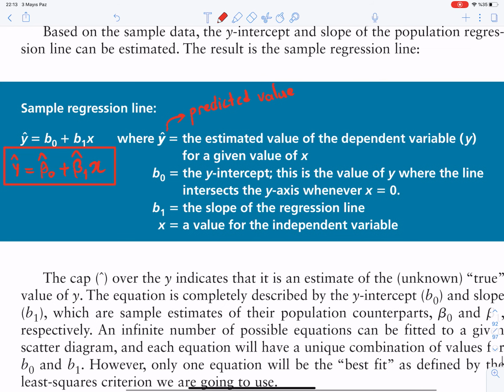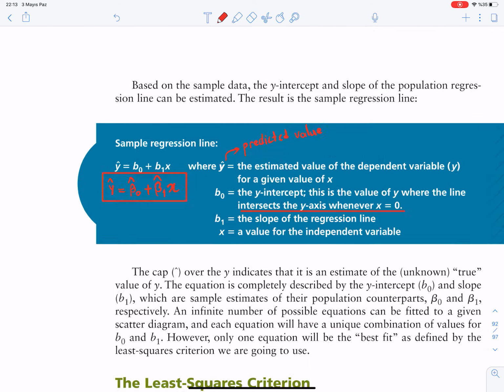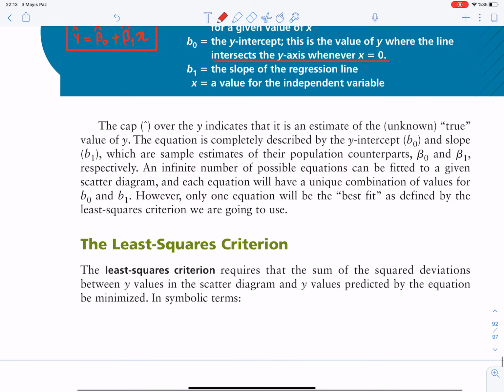Beta null is the y-intercept, the value of y where the line intersects the y-axis whenever x equals zero. Beta 1 is the slope of the regression line, and x is the value of the independent variable.